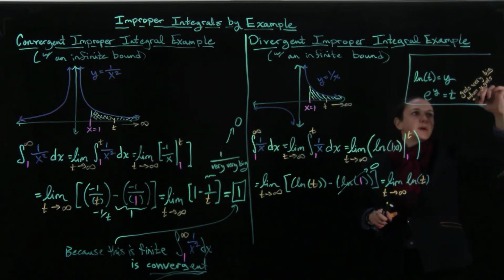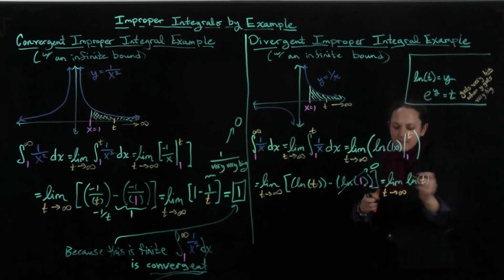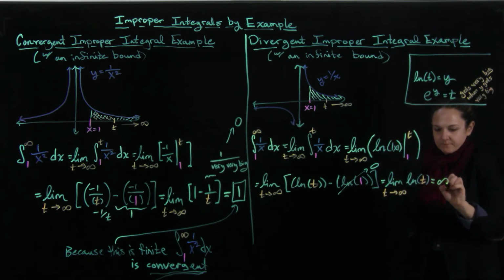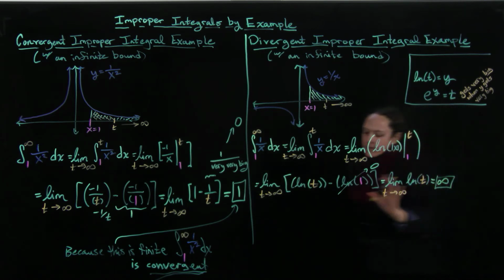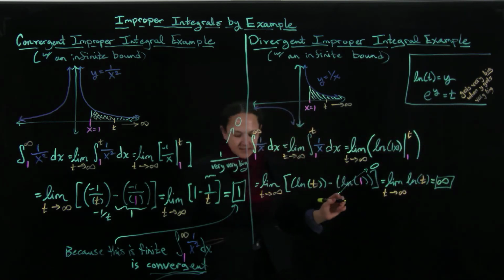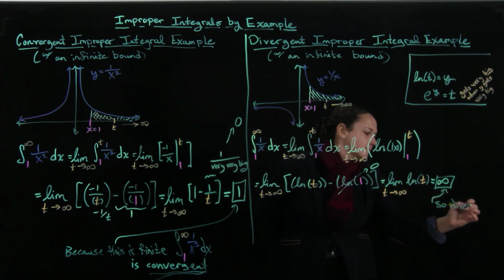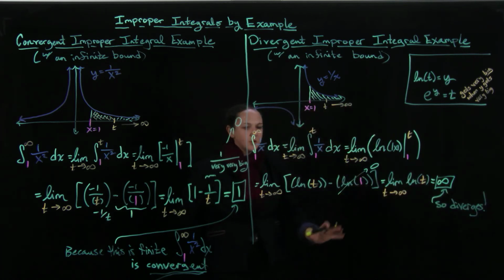That's the thing to keep in mind. So I need y to be getting really big, which means that this limit is actually going to output for me infinity. But what does that actually mean? So this tells me that it diverges. This tells me the integral diverges because the output is infinity.